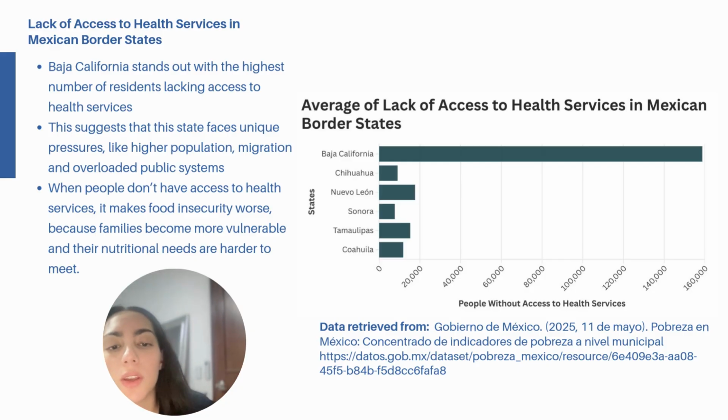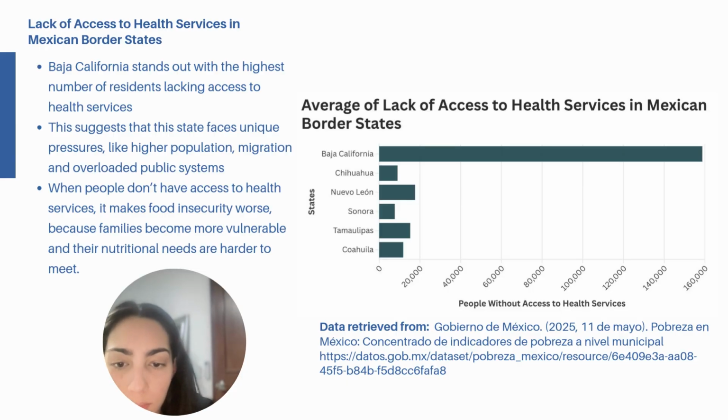This connects directly to the US graph, showing that higher poverty rates in border counties are linked to limited access to grocery stores. On both sides of the border, we see the same dynamic: structural disadvantages, whether poverty, lack of services, or long travel distances, translate into reduced access to essential needs like food and healthcare. Together, this graph shows that border communities in both countries face overlapping pressures that make them more susceptible to food insecurity.